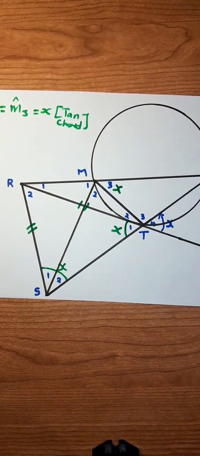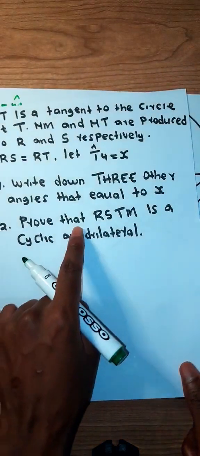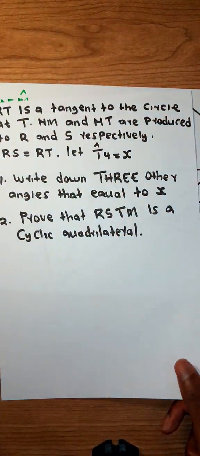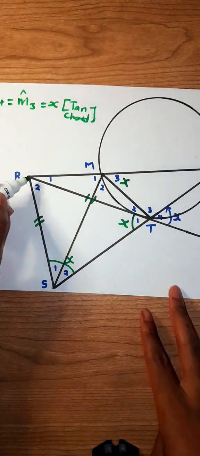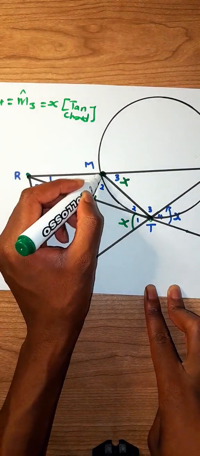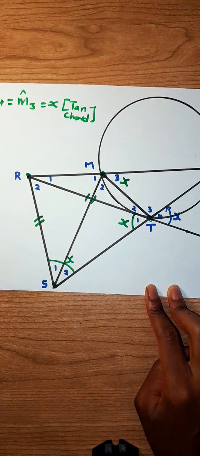Now the other question says prove that RSTM is a cyclic quadrilateral. So they want us to prove that RSTM is a cyclic quad, right? So what do we know about a cyclic quad?